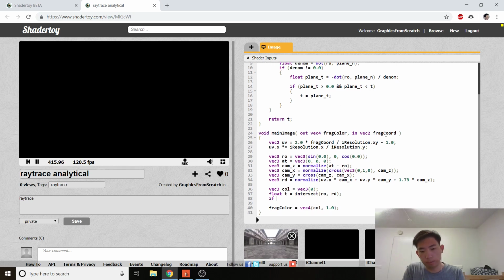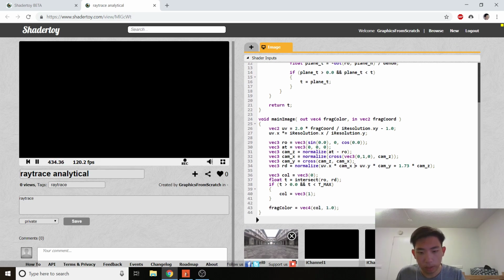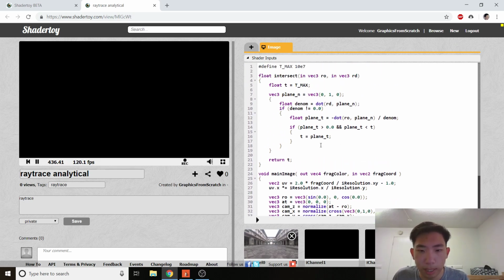So if t is positive and t is less than t max, that means we've hit something. At the top, if this ray successfully hit the plane, let's just assign it to white. But right now we don't see anything. It's probably because it's bugged.